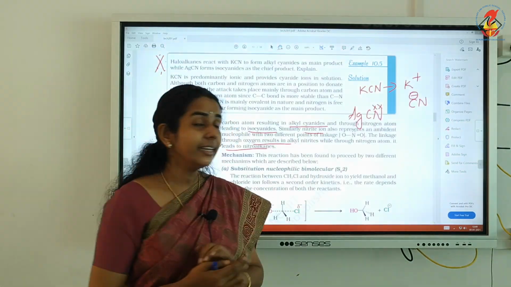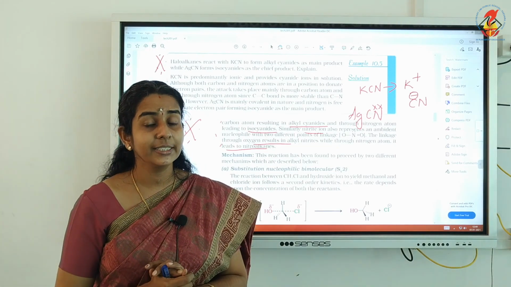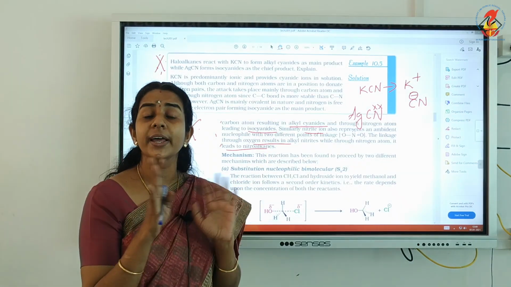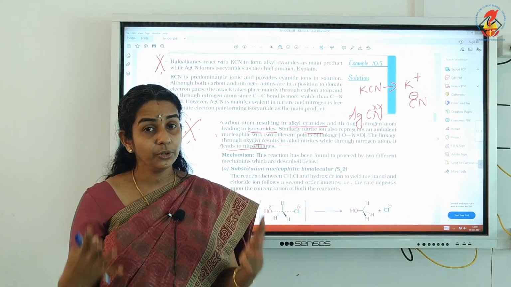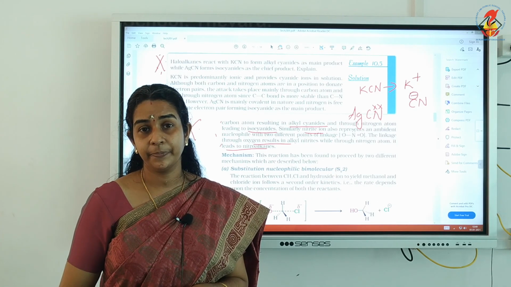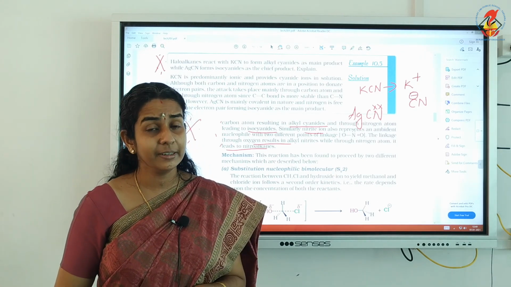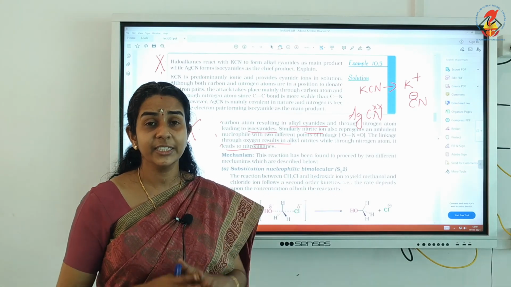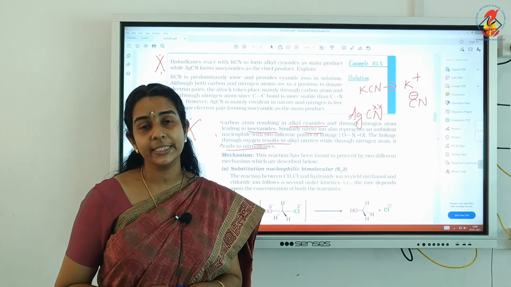Okay, so KCN is an ionic compound, so it can undergo ionization as K plus and CN minus. In CN minus, both carbon, due to the negative charge, and nitrogen, due to the lone pair, are nucleophilic centers. But since the carbon-carbon bond is stronger than the carbon-nitrogen bond, it forms cyanides. But in the case of AgCN, it can bind only through nitrogen and forms isocyanides.